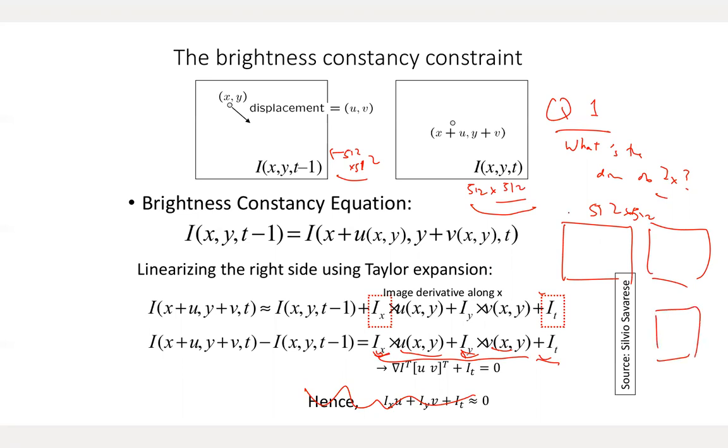For every pixel, element-wise, Ix times u(x,y) plus Iy times v(x,y) plus It should be equal to 0.